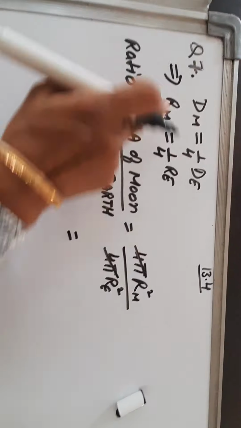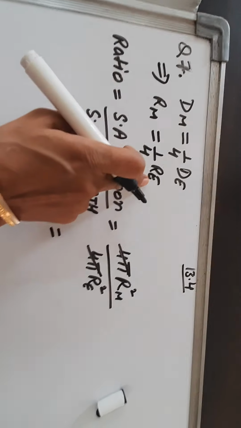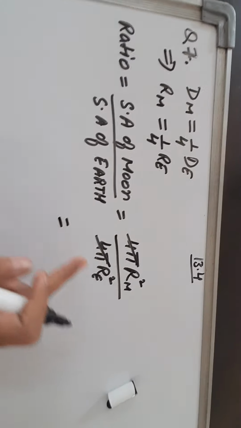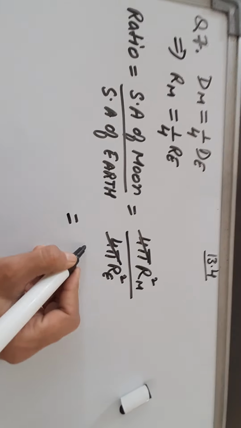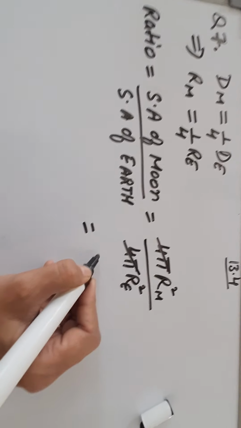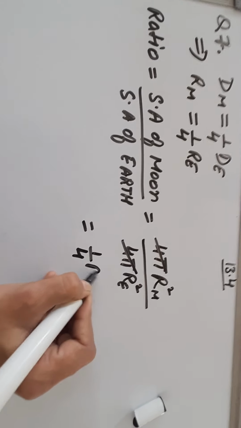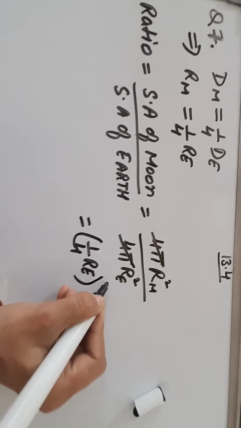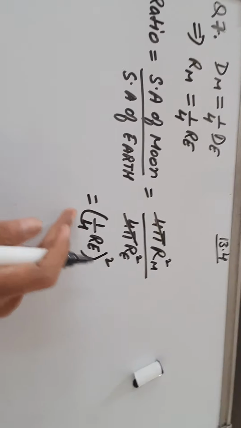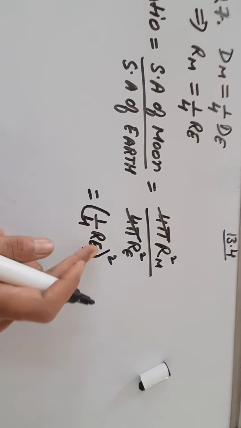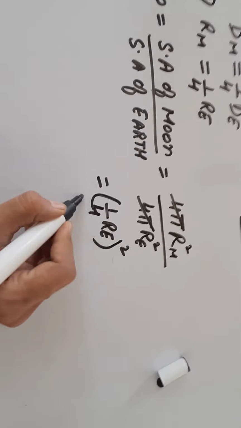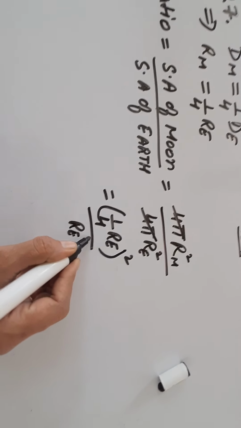Now the value of the radius of moon is 1/4 radius of earth. We'll put this value here. So in place of rm, we'll write 1/4 of radius of earth whole square. We put the square, and why are we using the whole bracket? Because two things are getting multiplied. Divided by radius of earth square.